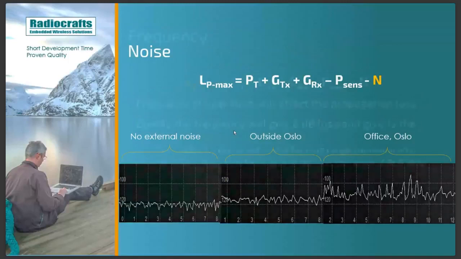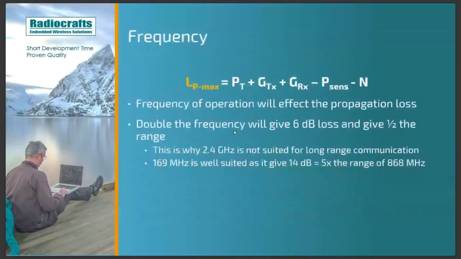Frequency. So what we have seen is that there are different factors affecting the propagation loss, but the relationship between the propagation loss or path loss and the actual distance is very much a function of frequency. When you double your operating frequency, it will give you basically 6 dB loss, and that equals half the range.